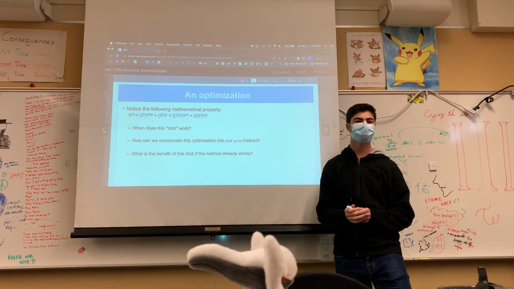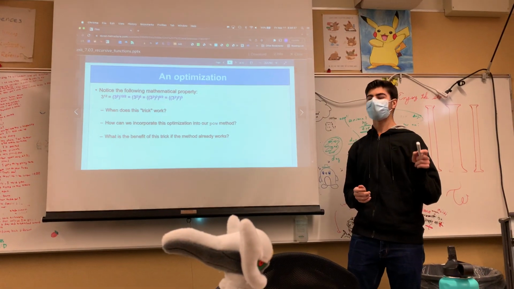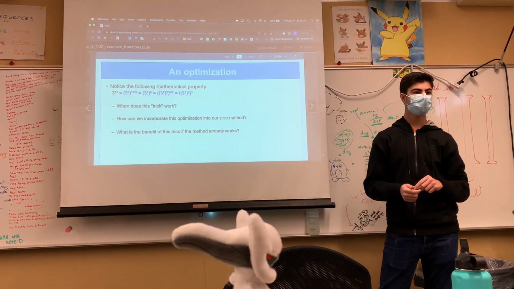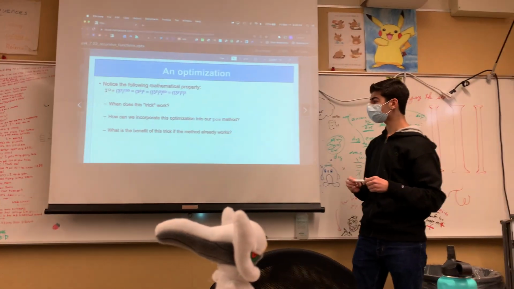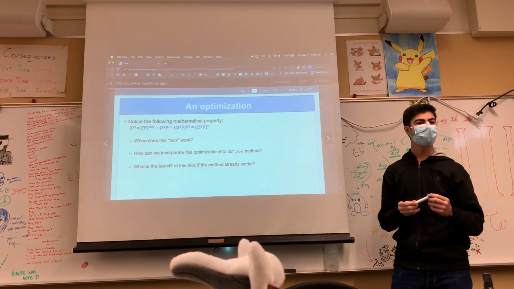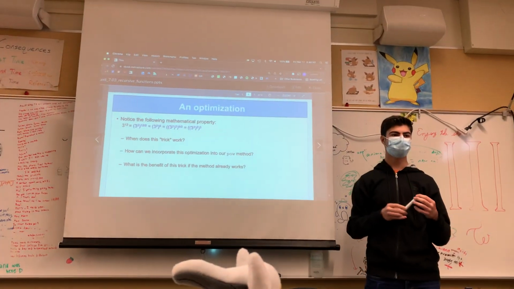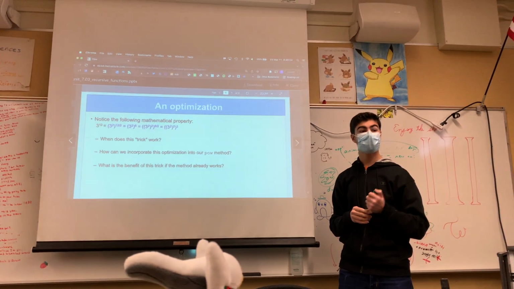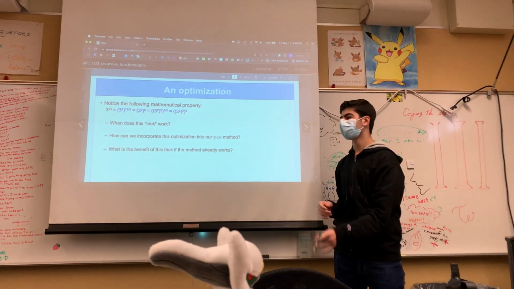So when does this trick work? Any ideas? You're getting ahead. A prime exponent? 12's not prime. When you only have an even exponent, I think is what you're trying to say.